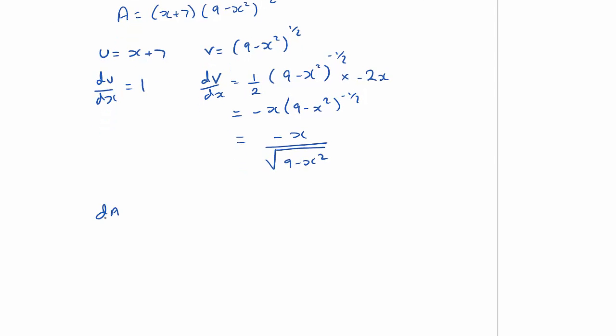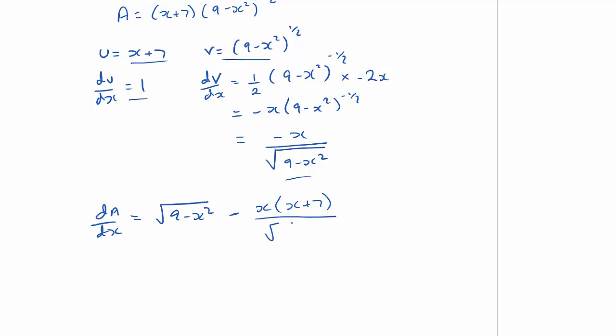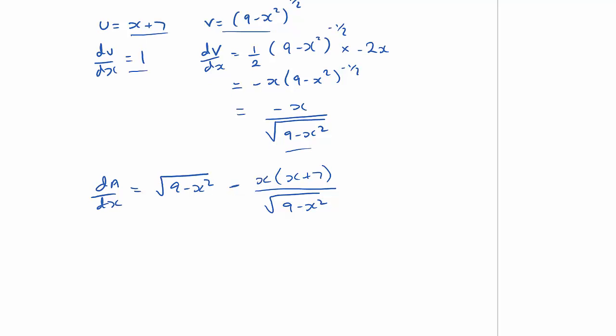So dA dx is going to be v du dx, so that's this one multiplied by this one, so that's just going to be the square root of 9 minus x squared, plus u dv dx, so that's that times that, and with this minus here it's going to become a minus, so we'll have x plus 7 over the square root of 9 minus x squared.